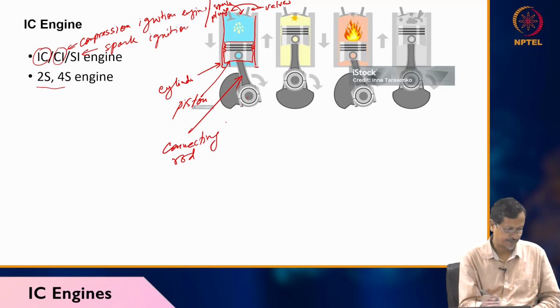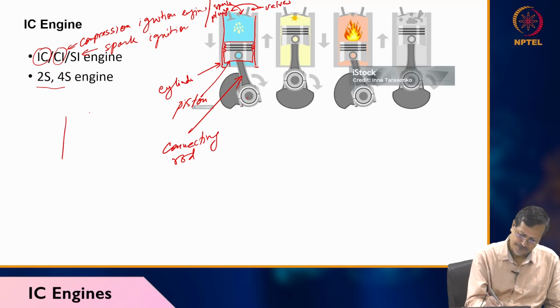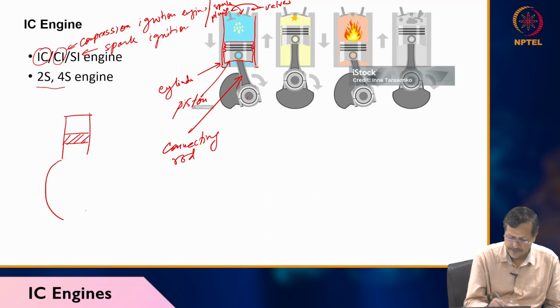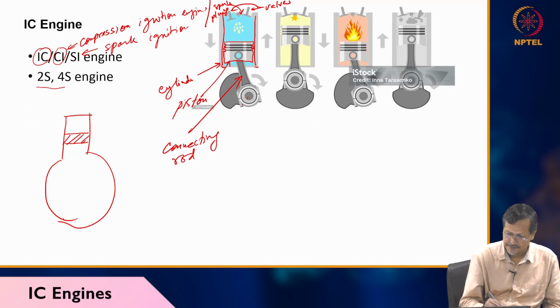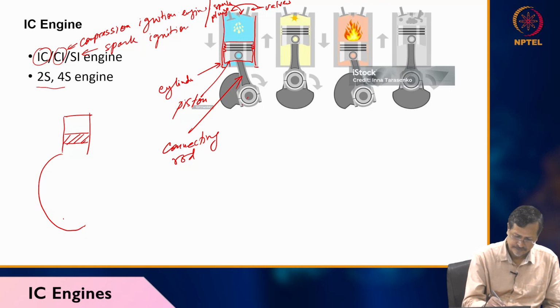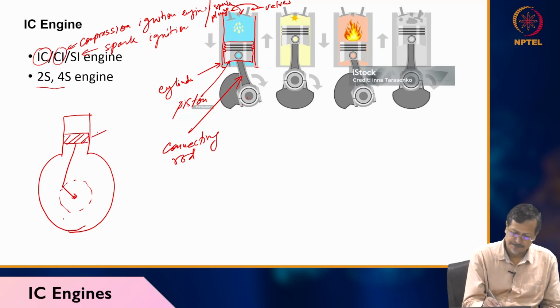So I will draw another picture. The same thing I am drawing in 2D format. You can also draw if you like. So connecting rod, crank. This is the piston.